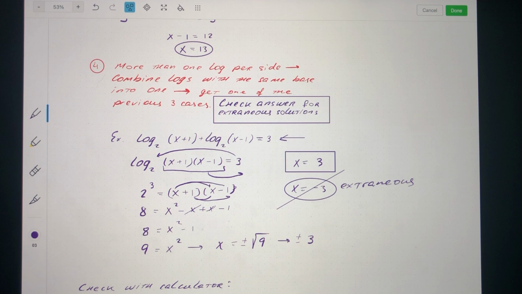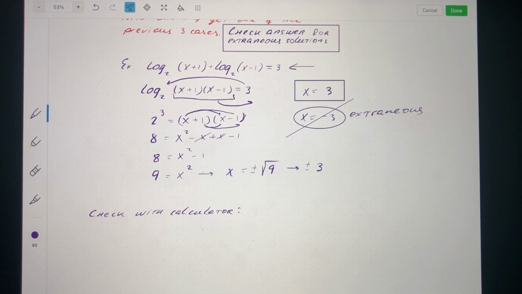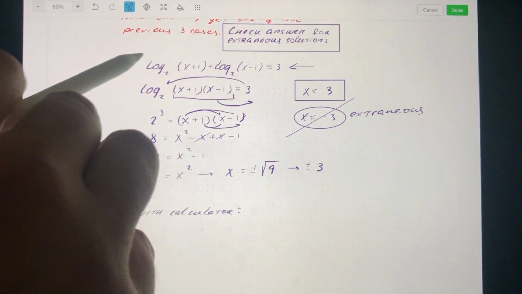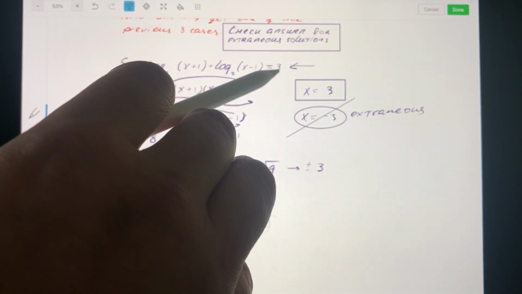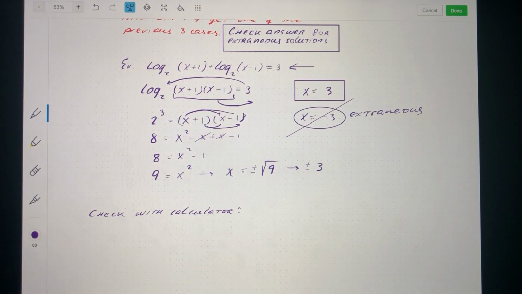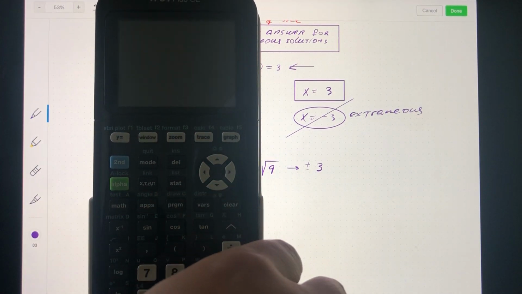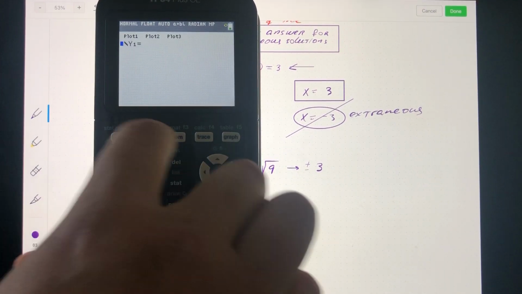We can also use a calculator to check. So let's type in the left side as one equation, the right side as a second equation, and see where the 2 sides are equal, that is, where the 2 graphs cross. So here is the calculator, and y equals.